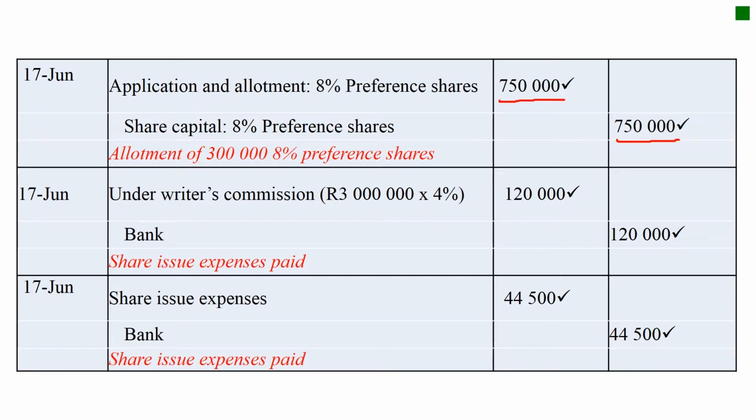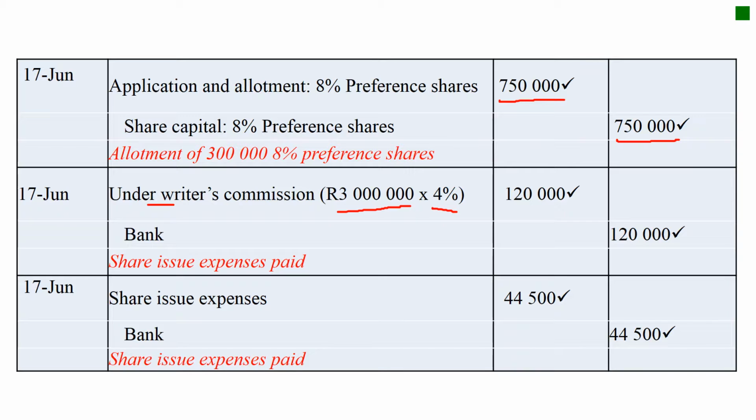Now, because we also had a contract with the underwriter, notice the underwriter will be paid the commission of 4% on the total value of the shares offered, not necessarily the amount that they paid for, meaning that if the offer was fully subscribed or oversubscribed, the underwriter was not going to pay anything, but will still have to be paid for the underwriting contract.